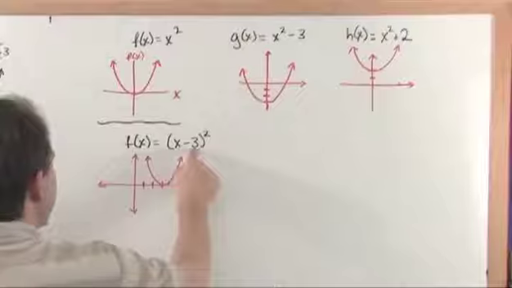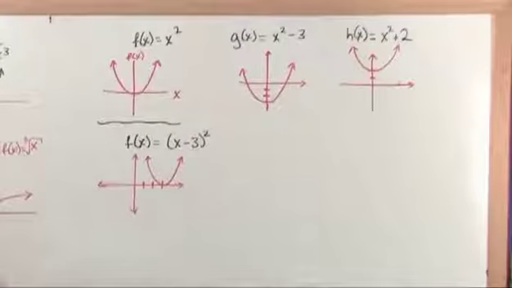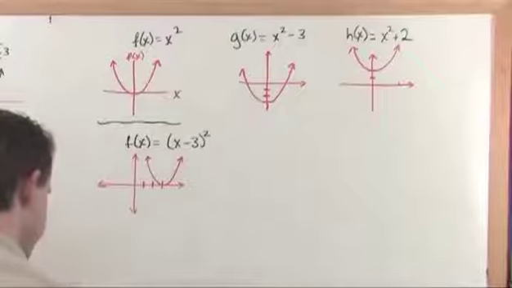So in order to get to this 0 point, I must put a 3 in there. So that's why this x minus 3 shifts it to the right. Otherwise, you can just memorize it, that's fine too, but I'm trying to show you logically why that actually works.